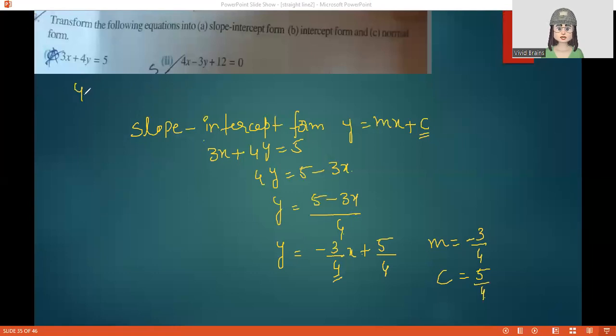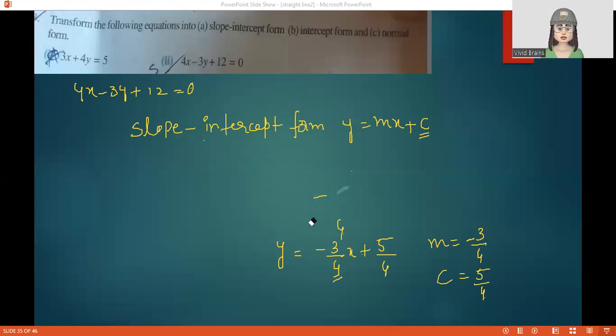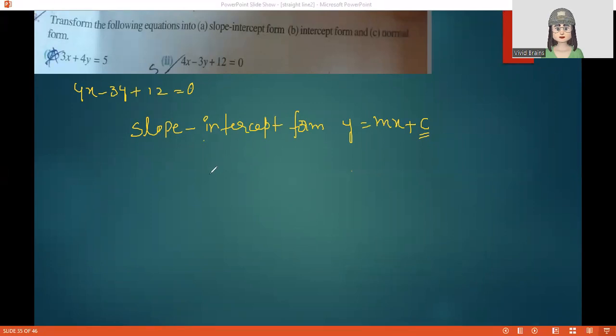Let us take 4x minus 3y plus 12 is equal to 0. This is our equation. Now, we are going to convert this equation into our general form, that is y is equal to mx plus c. Come. So, 4x minus 3y plus 12 is equal to 0. Okay.